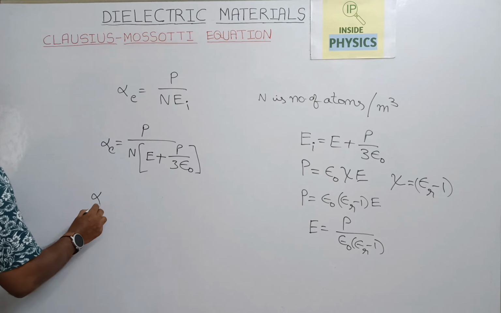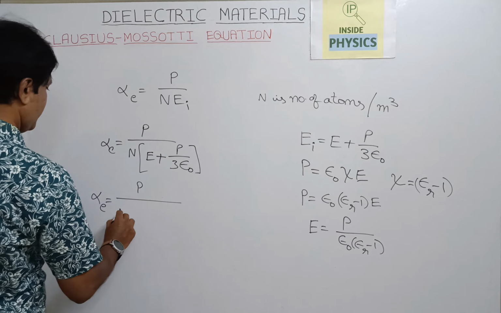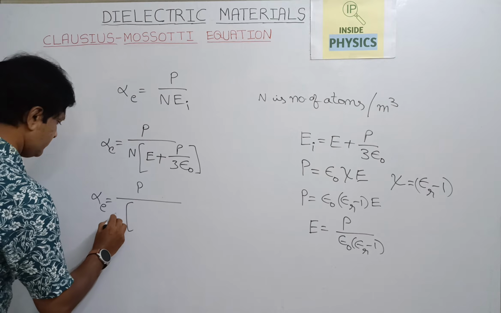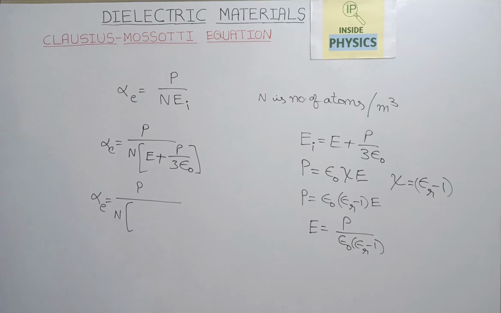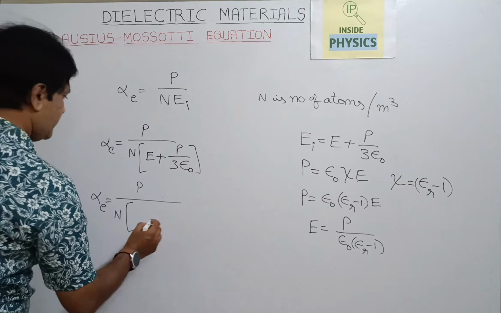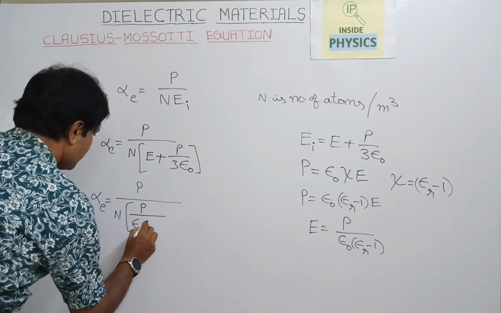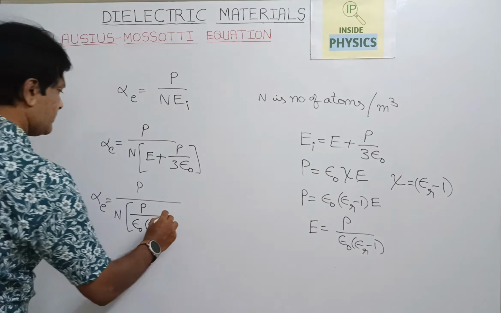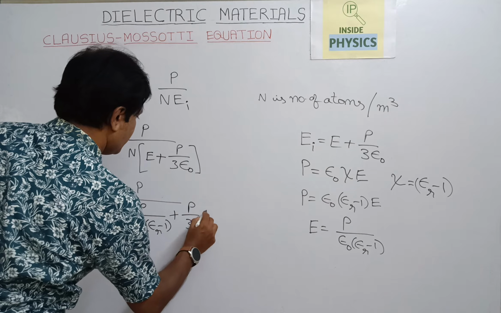So this becomes alpha e is equal to P by N into, we substitute the term here, what is E? P by epsilon naught epsilon r minus 1, plus P by 3 epsilon naught.